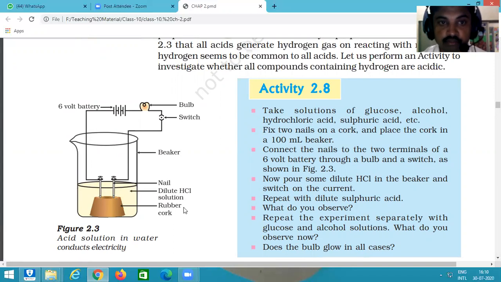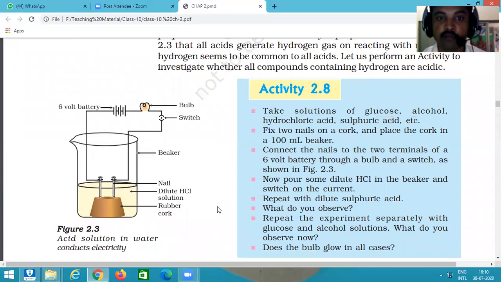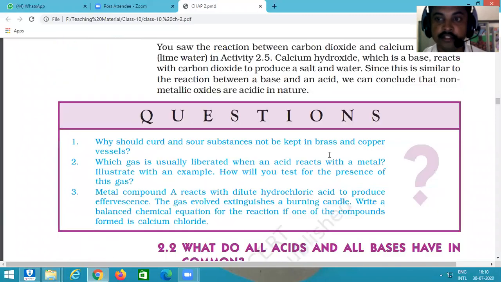Sodium hydroxide, NaOH, produces ions: Na, sodium, as a positive ion, a cation, and OH negative ion as an anion. So the ions are present in the solution and it works as a conductor. It shows that both acid and base release ions in the solution, and they work as good conductors of electricity. So this is the common property in both acid and base.